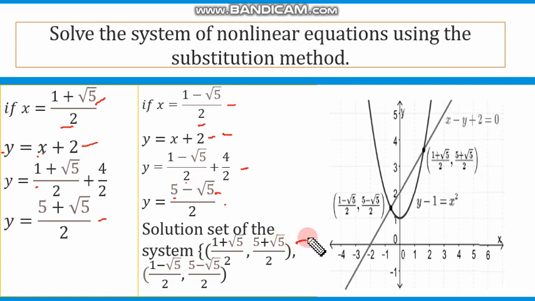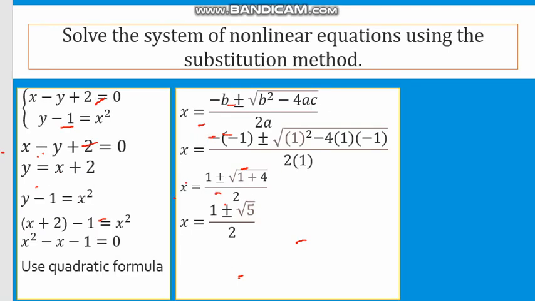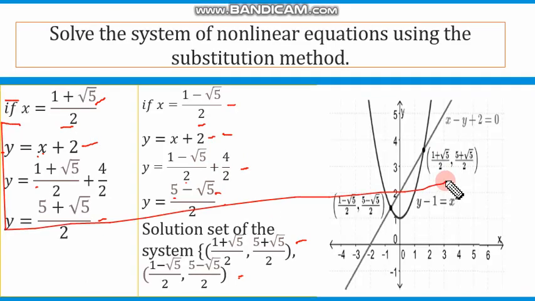So the solution set of the system is 1 plus square root of 5 over 2, paired with 5 plus square root of 5 over 2, and 1 minus square root of 5 over 2, paired with 5 minus square root of 5 over 2. If you plot that, the first equation is linear, while the second equation is a parabola opening upward.